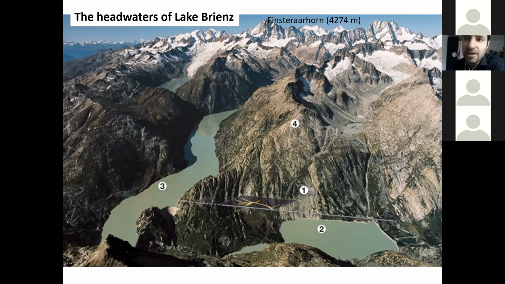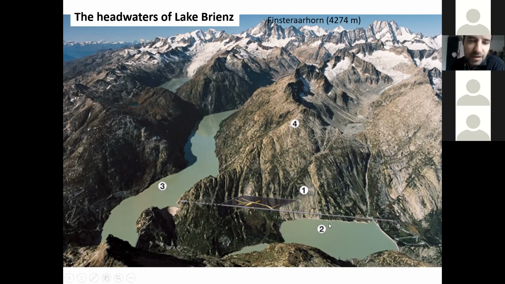The main purpose is to pump up more water during nighttime when energy prices are low and consumption is low, and produce more electricity during daytime when energy demand is higher. So it's in principle a simple way of storing energy by pumping water up and down.